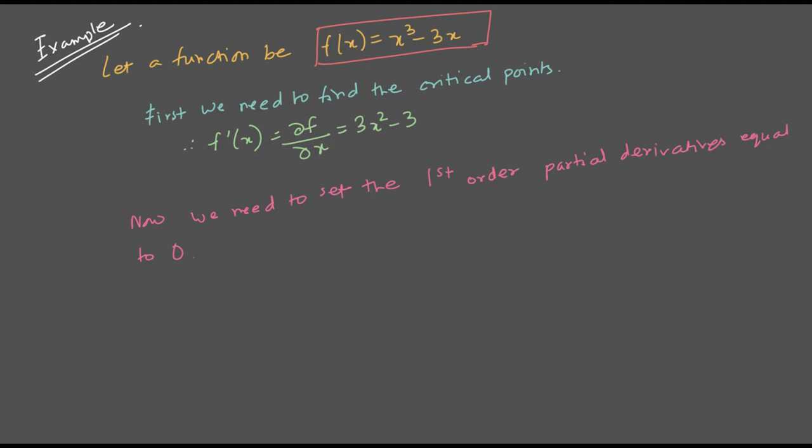So f dash x equals 0, therefore 3x square minus 3 equals 0, 3x square equals 3, x square equals 3 by 3 equals 1, x equals root over 1 equals plus minus 1, therefore x equals 1 or x equals minus 1, right?